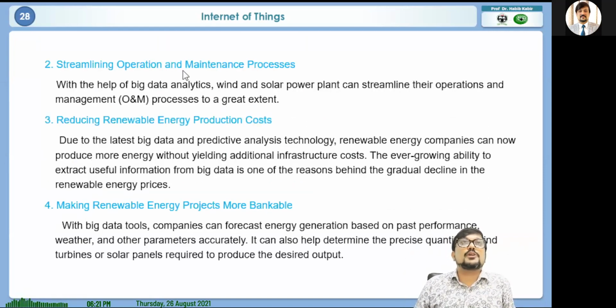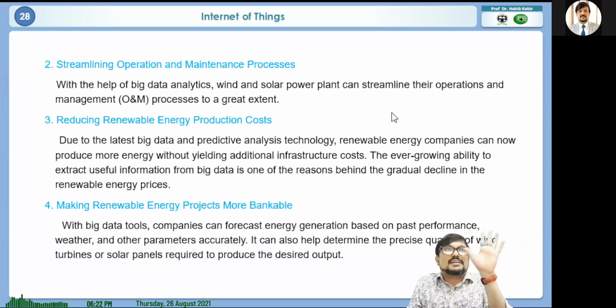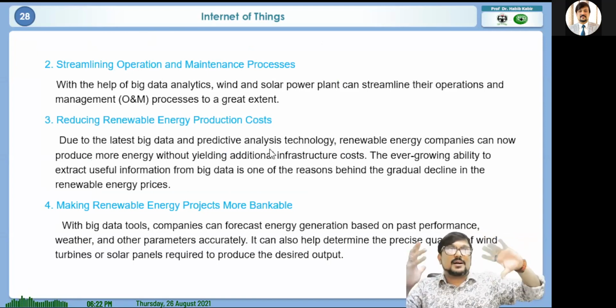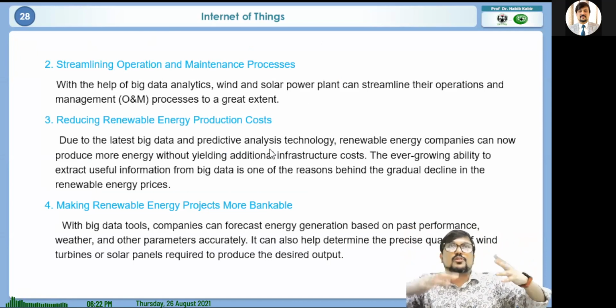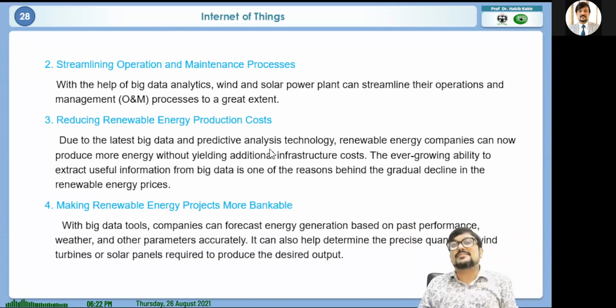Then the streaming operation and maintenance of the process. The wind and solar panel maintenance can be done with big data. Reducing renewable energy production cost: by dealing with big data, we can reduce the cost. So these are the research topics. I am also doing these things.